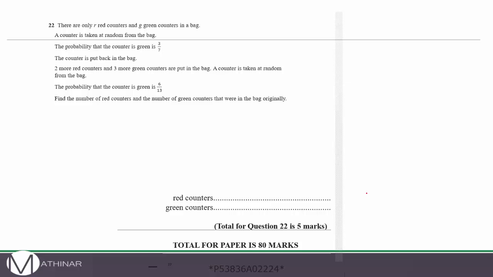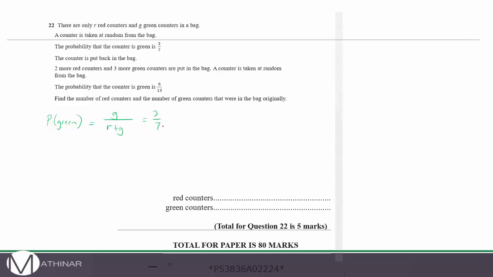Okay, so let's work out the probability of green from the start. The probability of green from the start is equal to the number of green counters in the bag, which is G, divided by the total number of counters in the bag, which is the number of red plus the number of green, so R plus G. We are told that this is equal to 3/7.